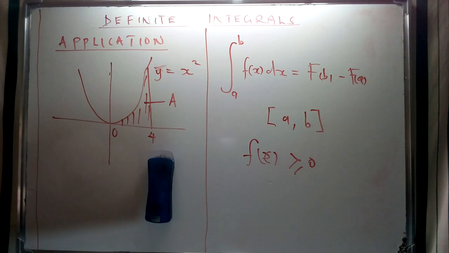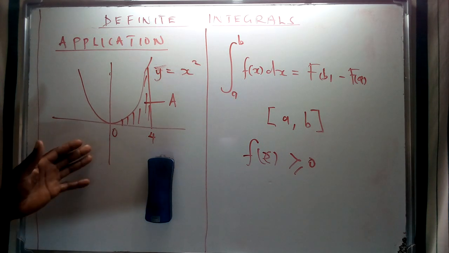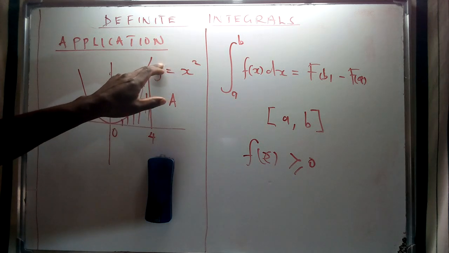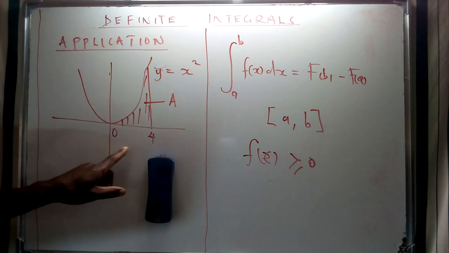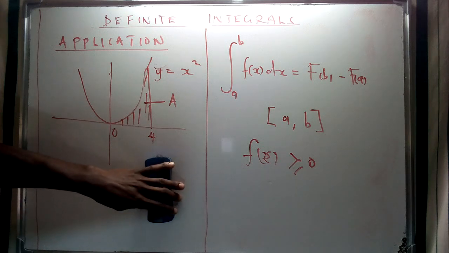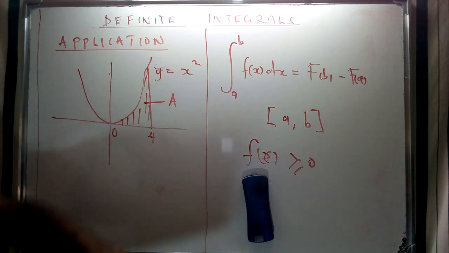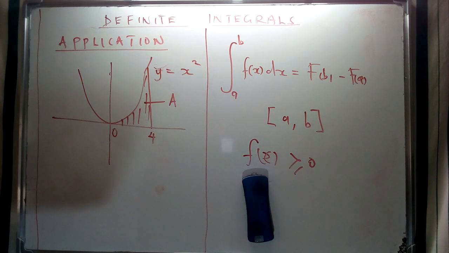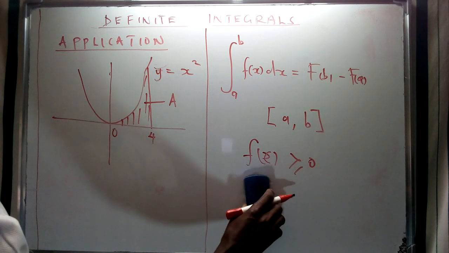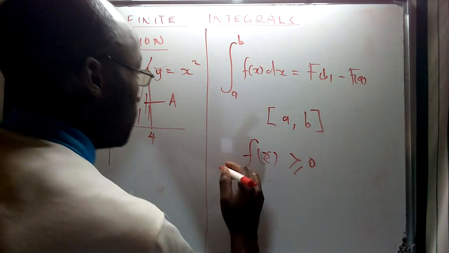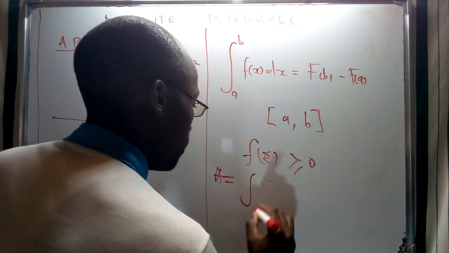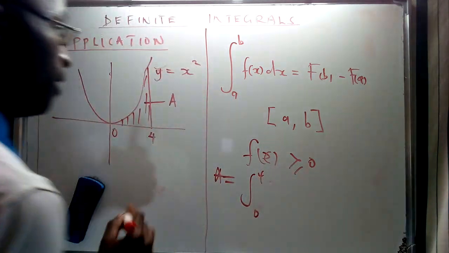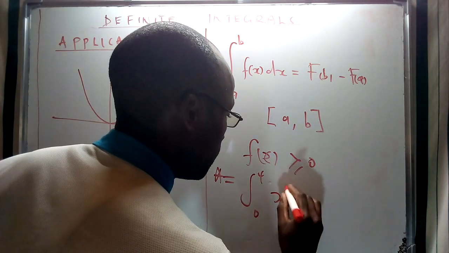But for this one, we are going to use the specific function we have been given, whereby our lower boundary is 0 and the upper boundary is 4. So, to evaluate this, the area is the integral from 0 to 4 of our function, x squared dx.